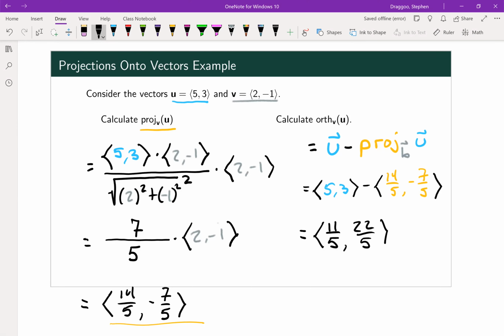Let's just look back at that math one more time. 25 minus 14 is 11. Yep. 15 minus negative 7 is 22. Cool. I like that math. And so there we have our orthogonal projection, which, to reiterate or to recolor, based on the above example, was the one that was in magenta.